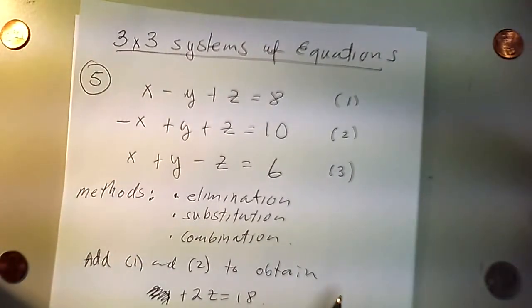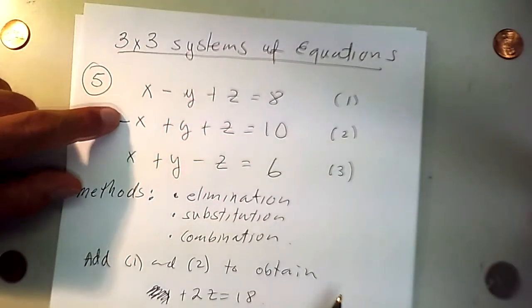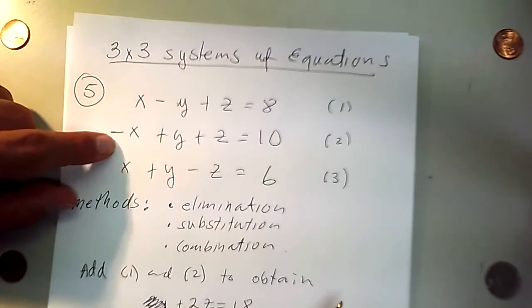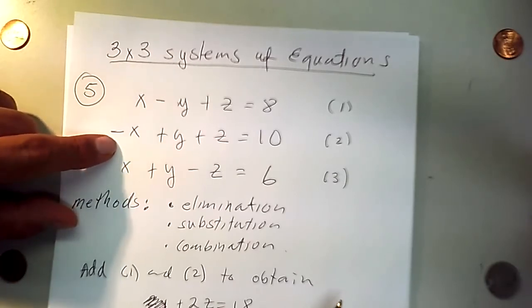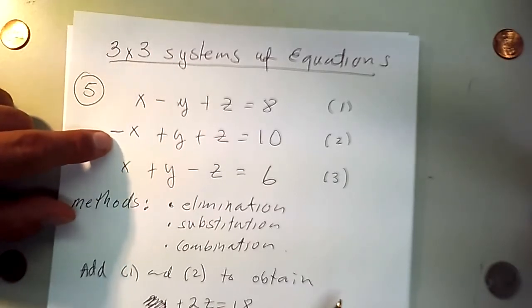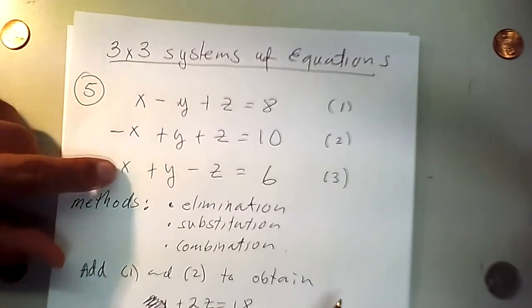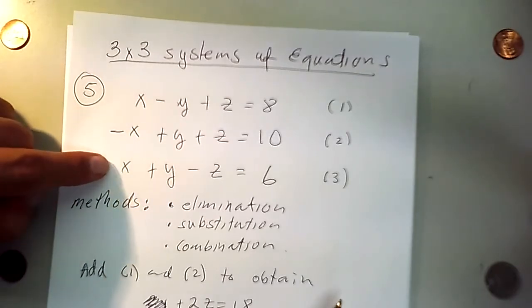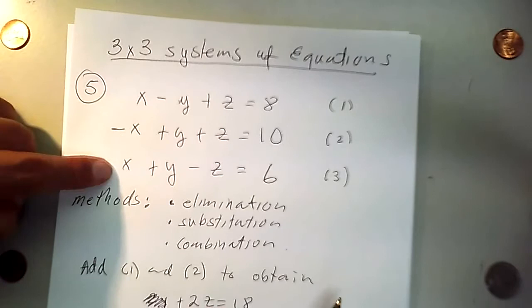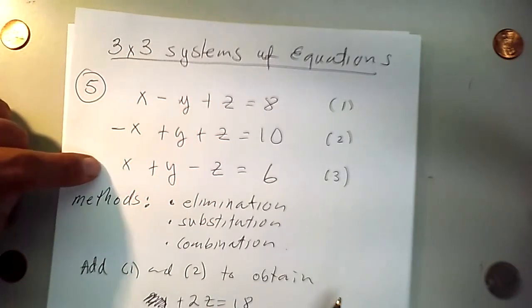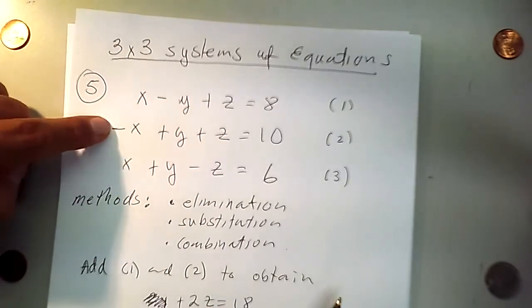I'm thinking if we can somehow get rid of the y and the z at once. Let's see. Or we should just simplify this minus that. That's not going to work, will it? This equation minus that equation.